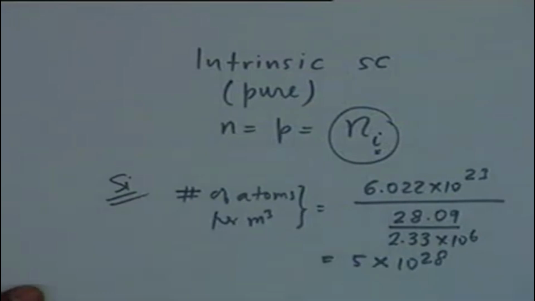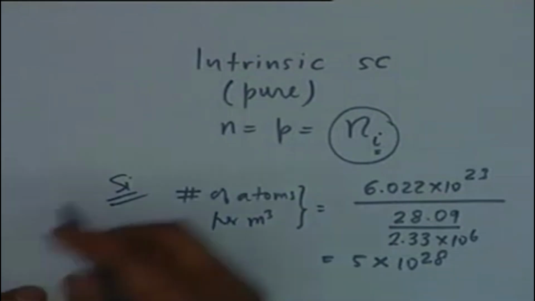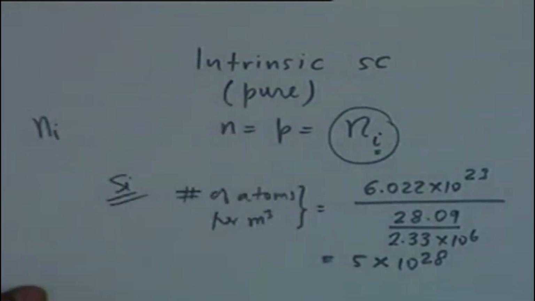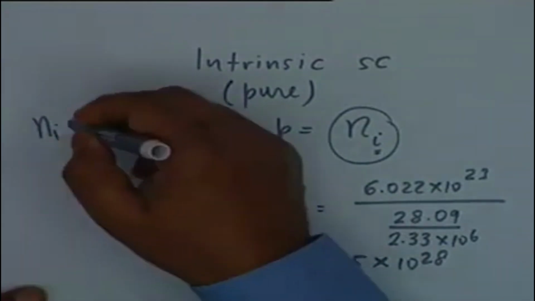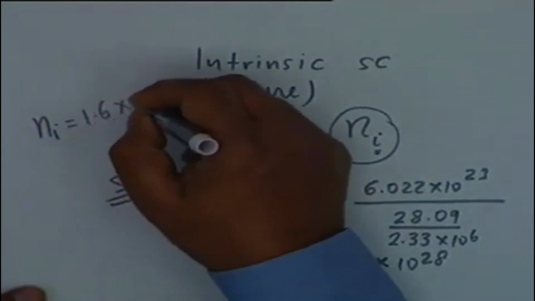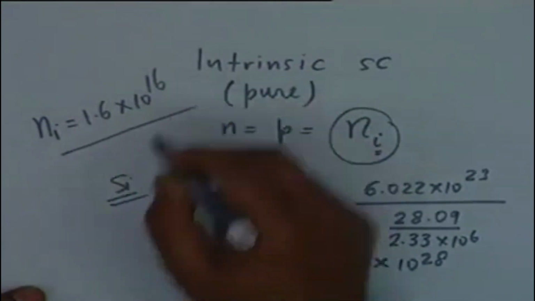I am sorry, it was not 21, it is 28. And Ni, that is the concentration of electrons in intrinsic silicon, is 1.6 times 10 to the 16.